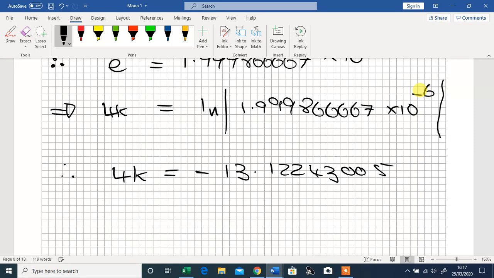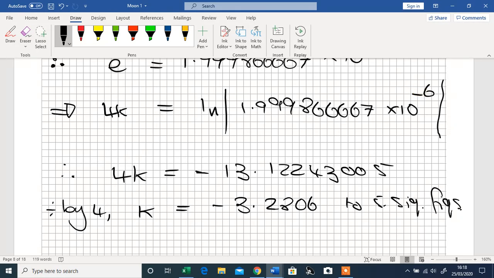But if you divide both sides by 4, you get k equals minus 3.28, we call it 2806 to 5 significant figures.